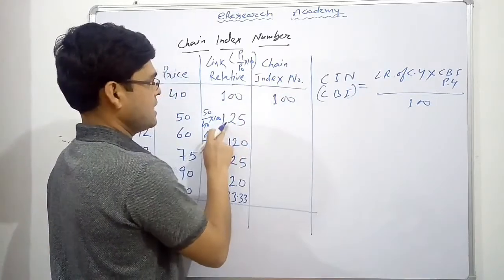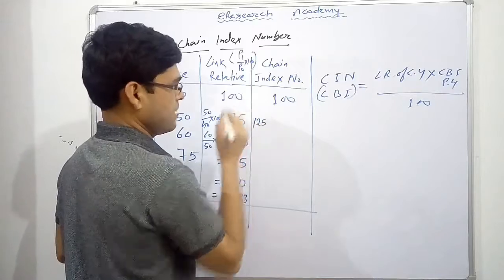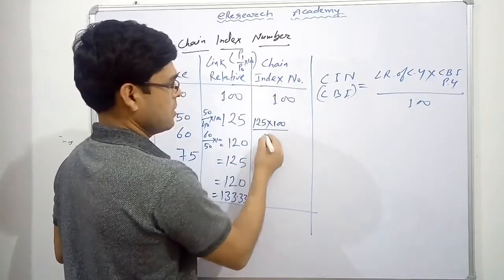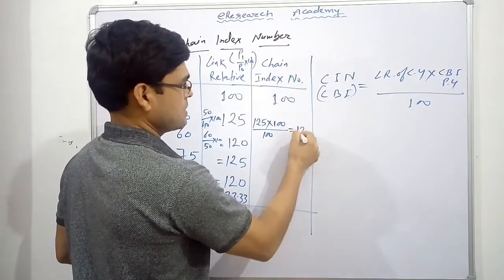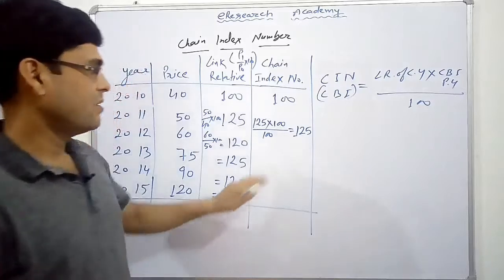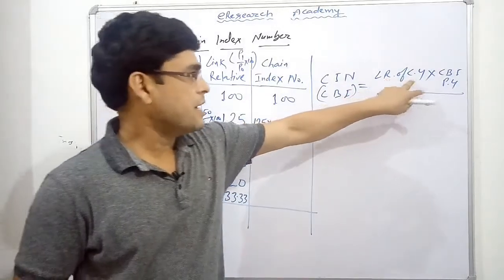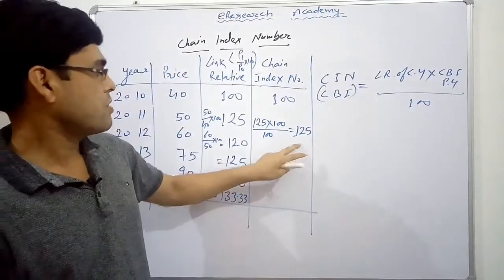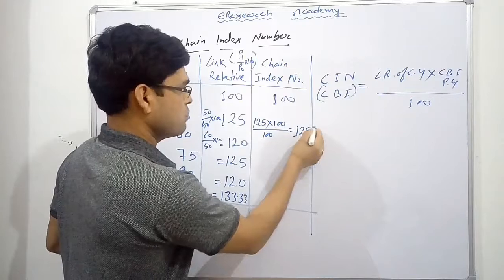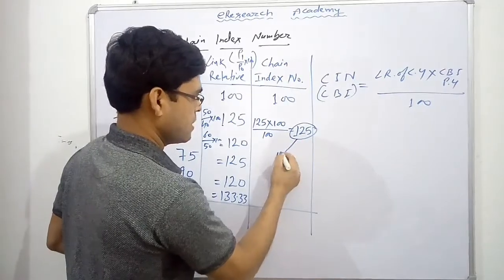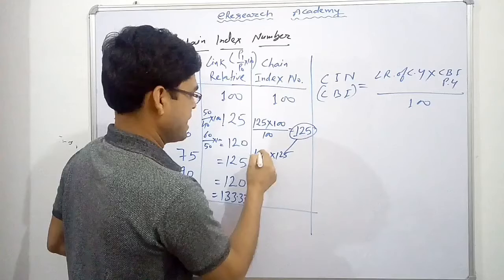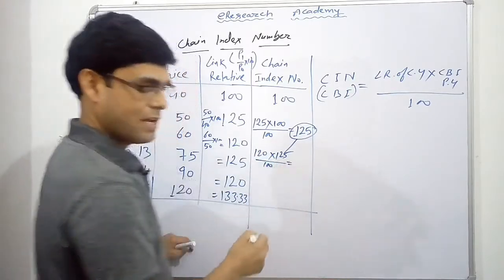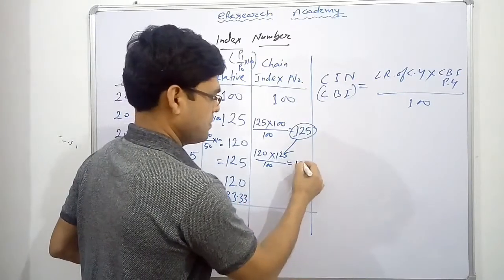For the next year, the link relative of the current year is 125 into the chain index of the previous year, which is 100, over 100, and this gives us 125. Same for the next year, this 125 goes ahead here and is multiplied by this year's link relative over 100, which gives us 150.